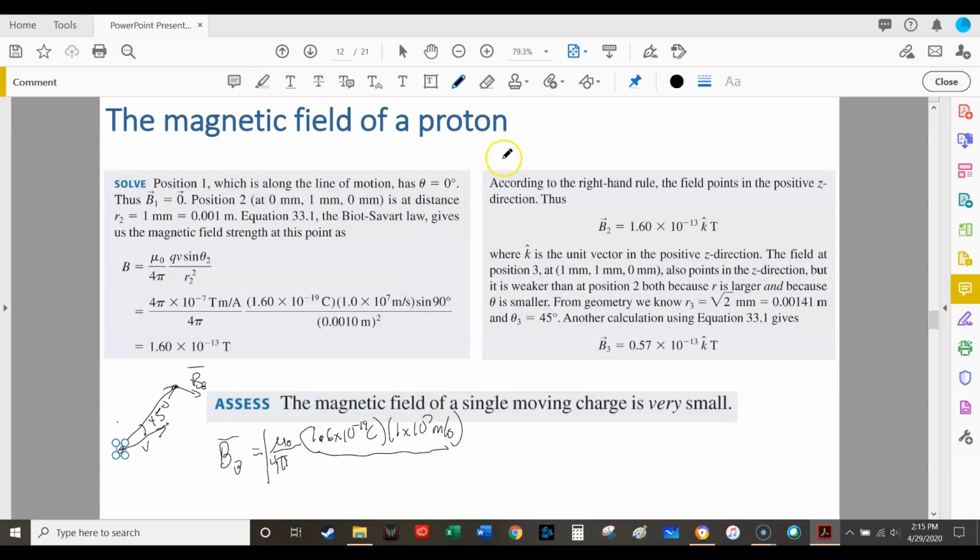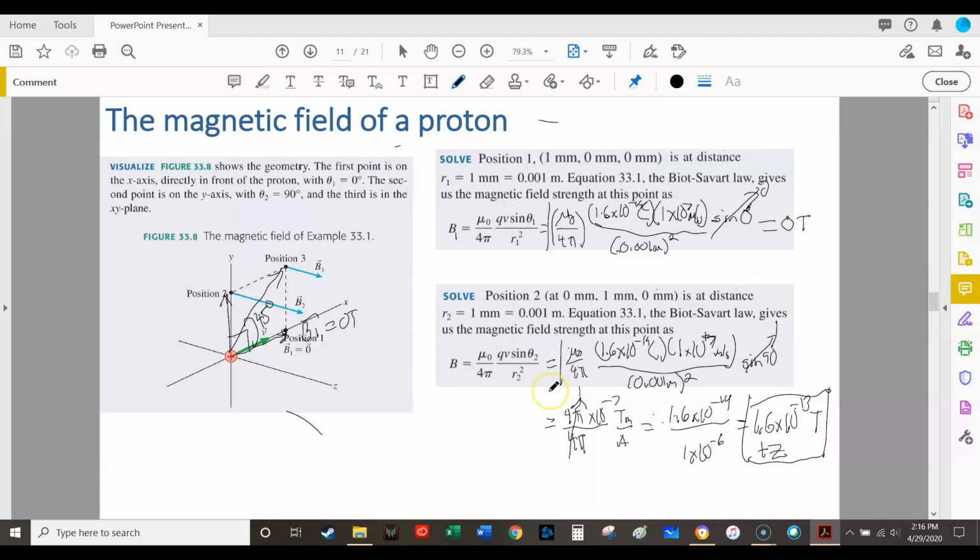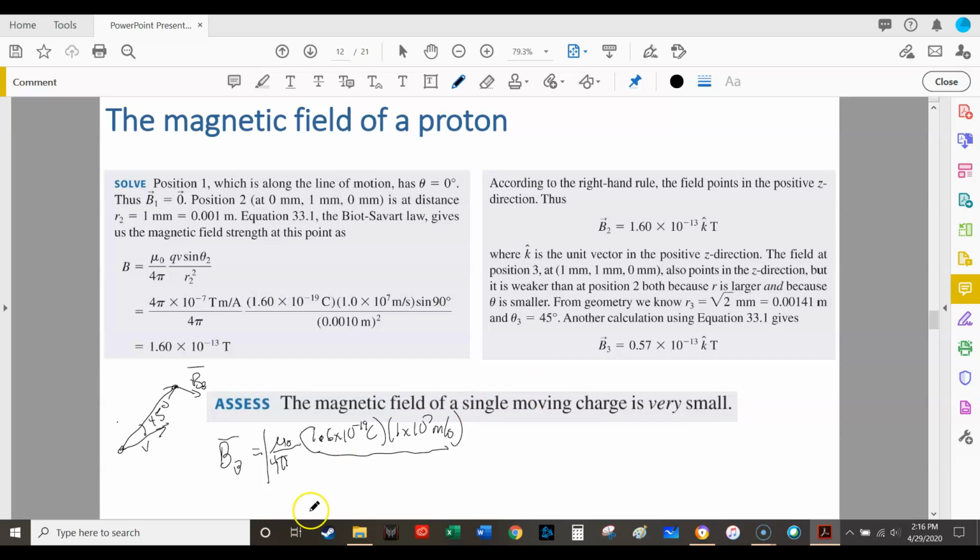But again, it was a distance R3, which is the square root of 0.001 meters squared plus 0.001 meters squared away. But that sine of theta is going to be 45 degrees.